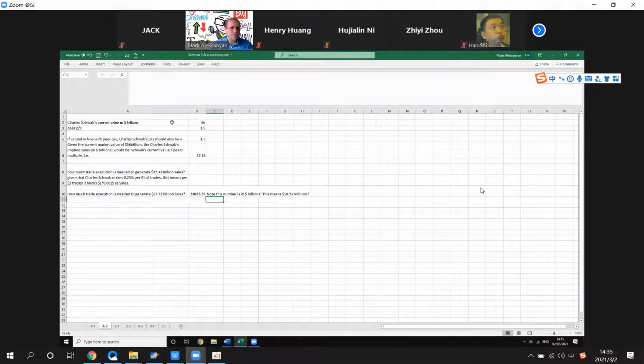To summarize, our company's current market cap is 56 billion. The peers' price to sales is 1.5. If our company were to be valued correctly, or in line with the market, its price to sales should also have been 1.5. Assuming it is valued correctly, what sort of sales are implied? The implied sales would be your market cap, 56, divided by your company's implied price to sales multiple of 1.5.